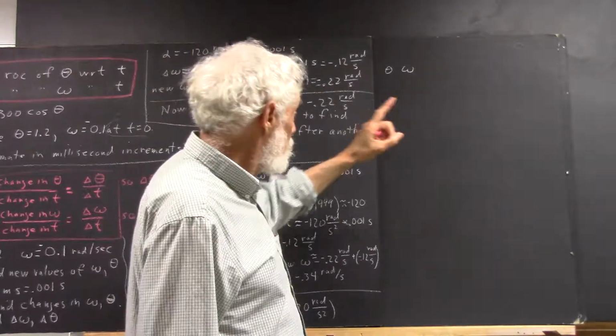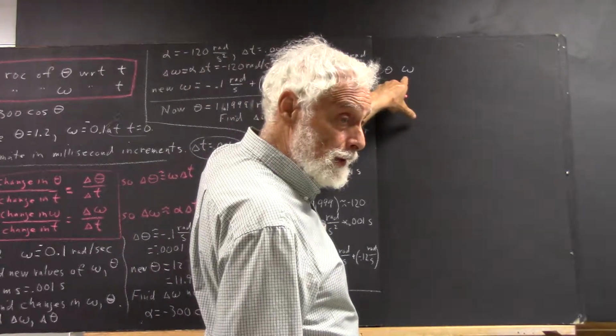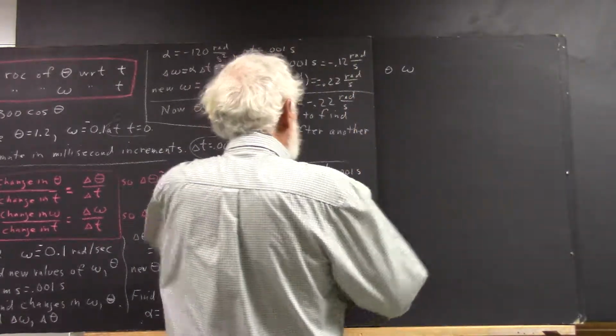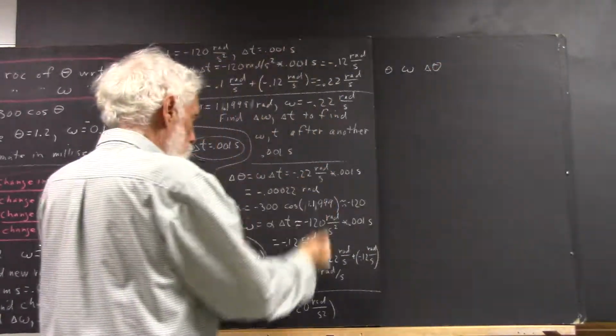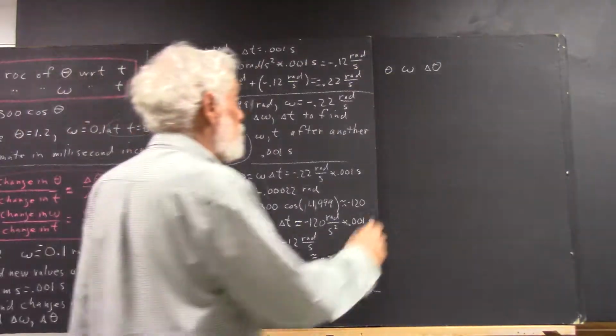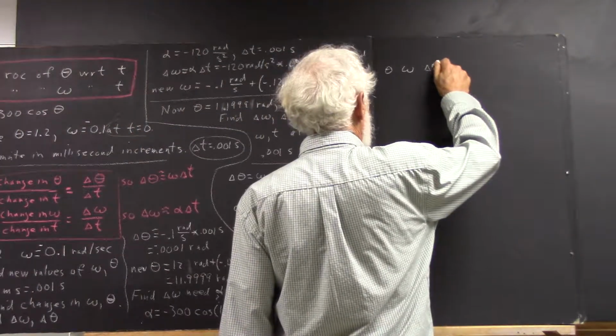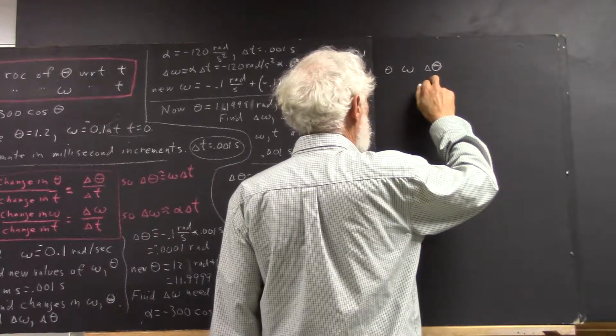But I'm going to use omega with delta t to find delta theta, because that's the first thing we did when we calculated over here. So we're going to follow the sequence of steps. The delta theta is pretty easy to calculate.